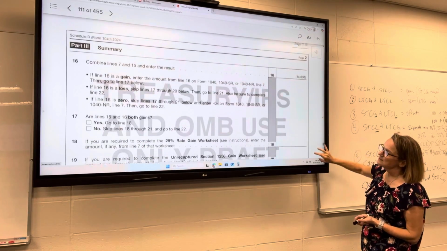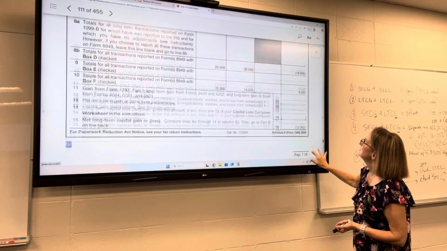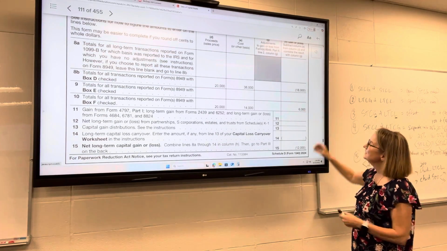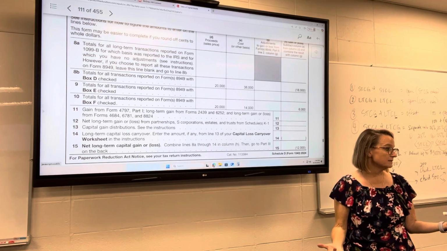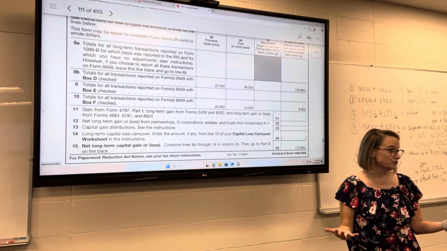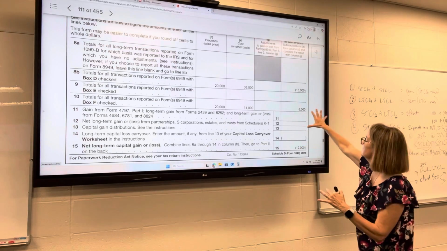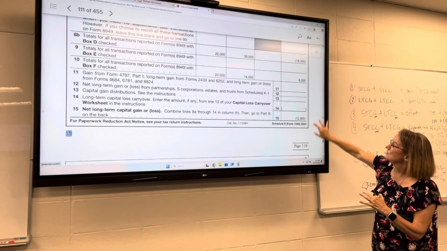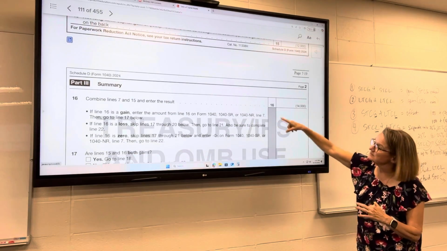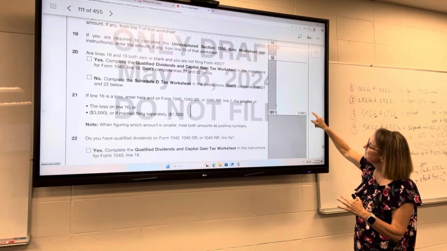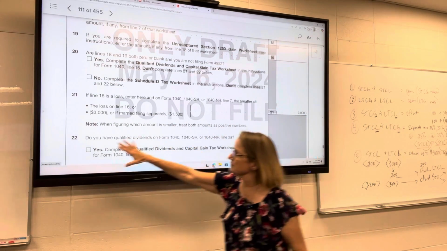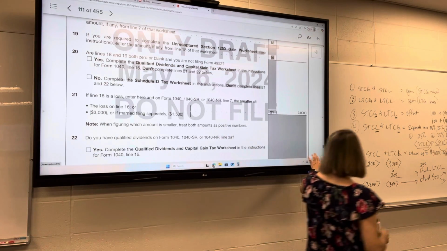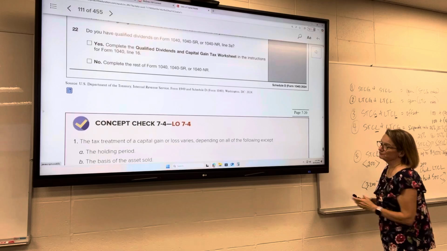And in this case, because that loss combines with this gain, now we don't have any 28% collectibles worksheet because we've eliminated that collectibles gain with that capital loss. So those two combine together. Combine these two, then we get to take 3,000 of it, and this is where 2,000 is short term, 1,000 is long term, and then the rest of the long term will carry forward.